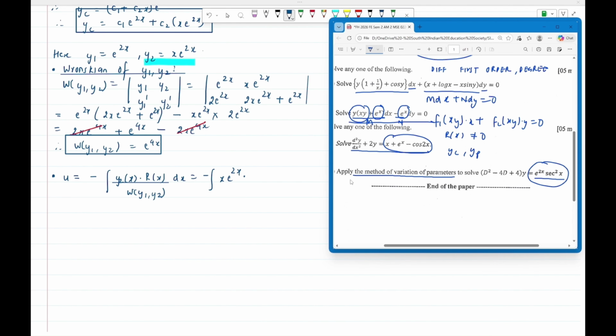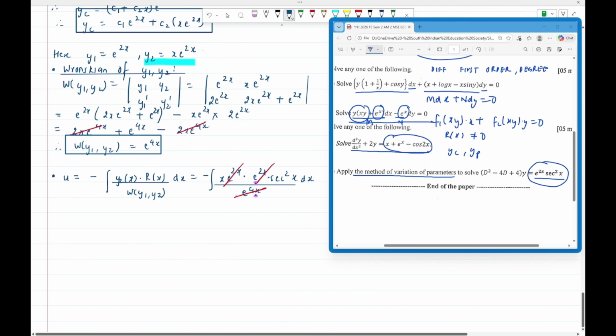R of x is over here: e raised to 2x into sec square x divided by the Wronskian, which is e raised to 4x, dx. So since the denominator has e raised to 4x, we can get away with this. So this reduces to negative integral of x sec square x dx.